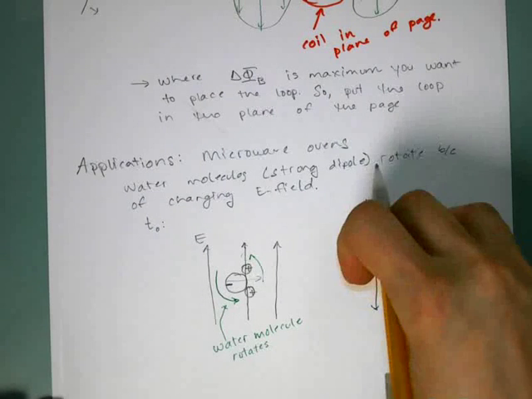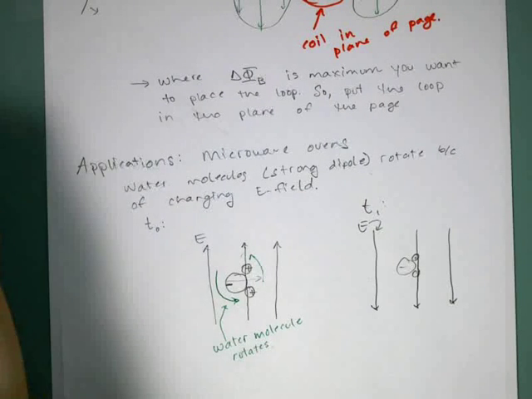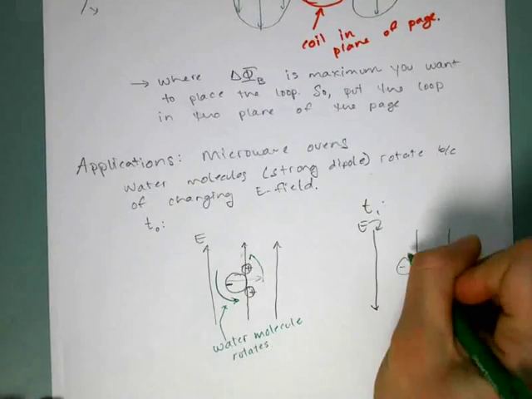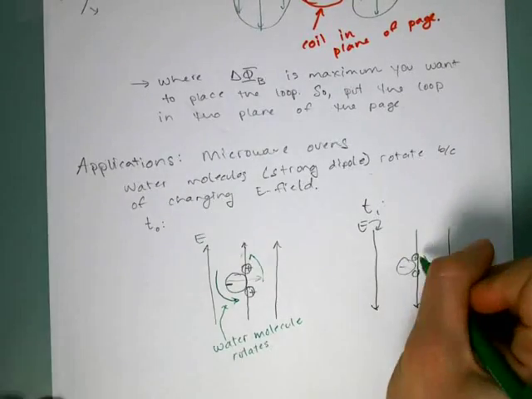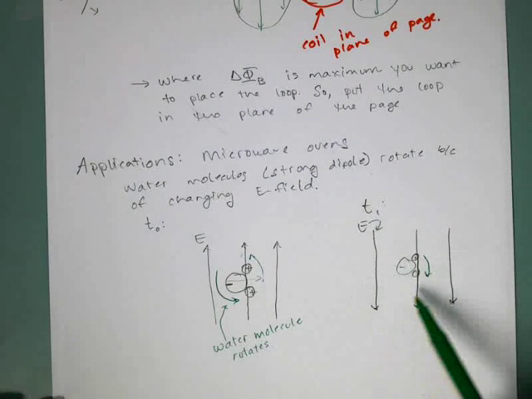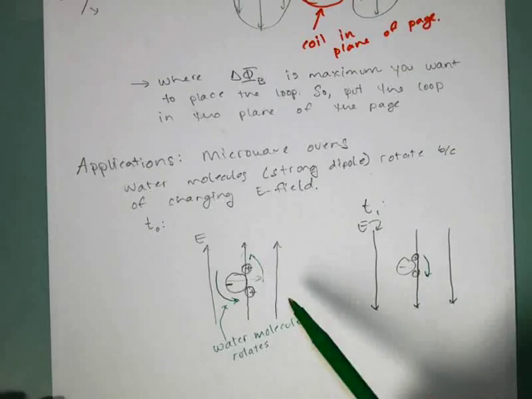So some later time, there's what my electric field looks like. And that same water molecule is now going to want to flip in the opposite direction. So it's going to start rotating in that direction.